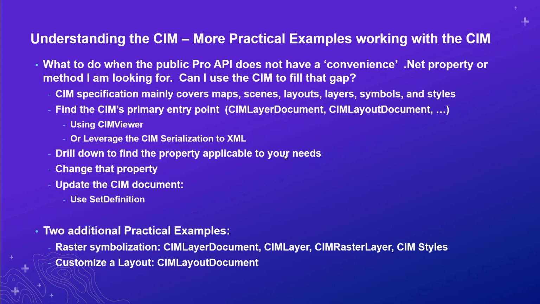Once I have that information, I can drill down through the serialized sim and find the property that may be applicable to my needs. I then change that property, and as Uma showed us before, I now update the sim document with those changed properties using set definition or whatever other method there is to update the sim document.